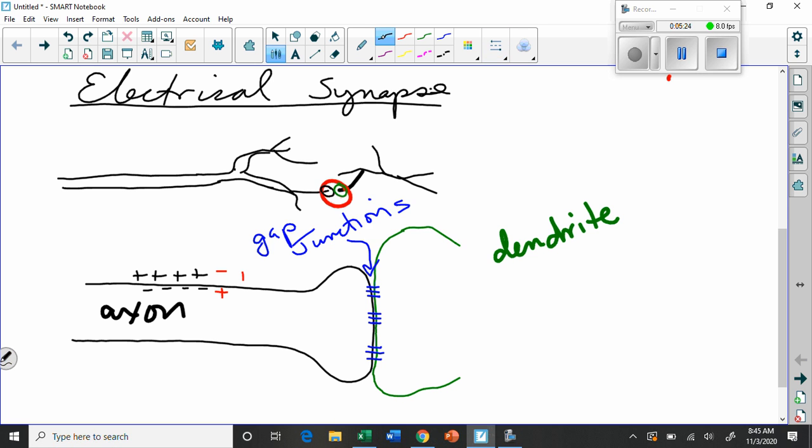There we go. As that travels this way, it will be able to directly depolarize the dendrite through the gap junction.